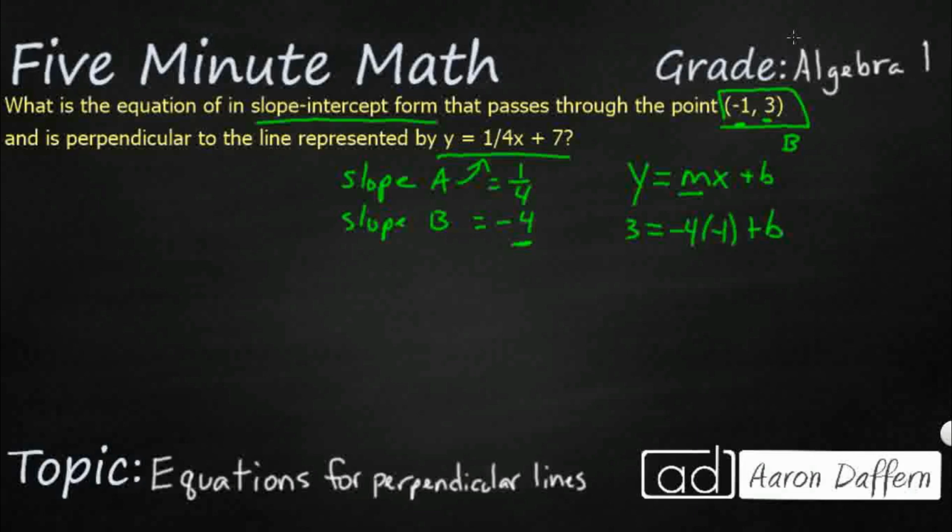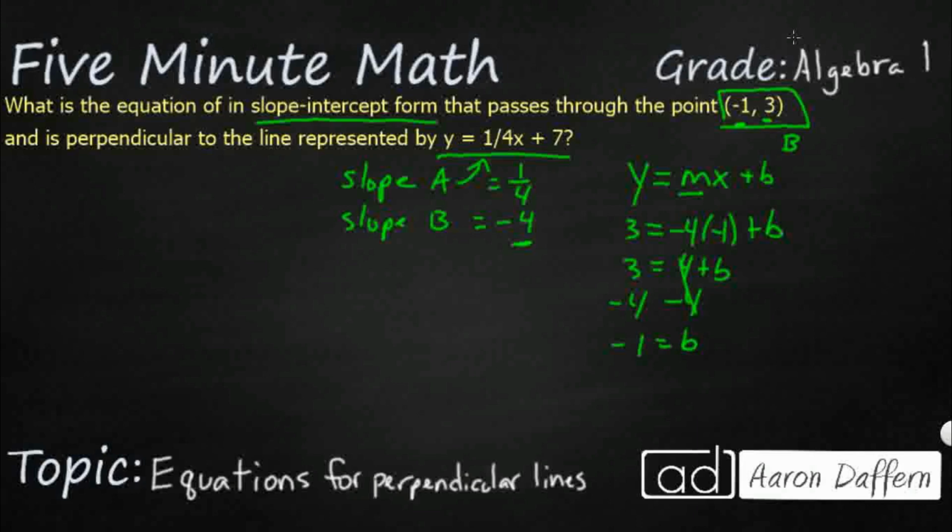Now we just need to isolate the b. So 3 equals negative 4 times negative 1, which is just 4, plus b. Subtract 4 from both sides, and you are going to get negative 1. b equals negative 1.